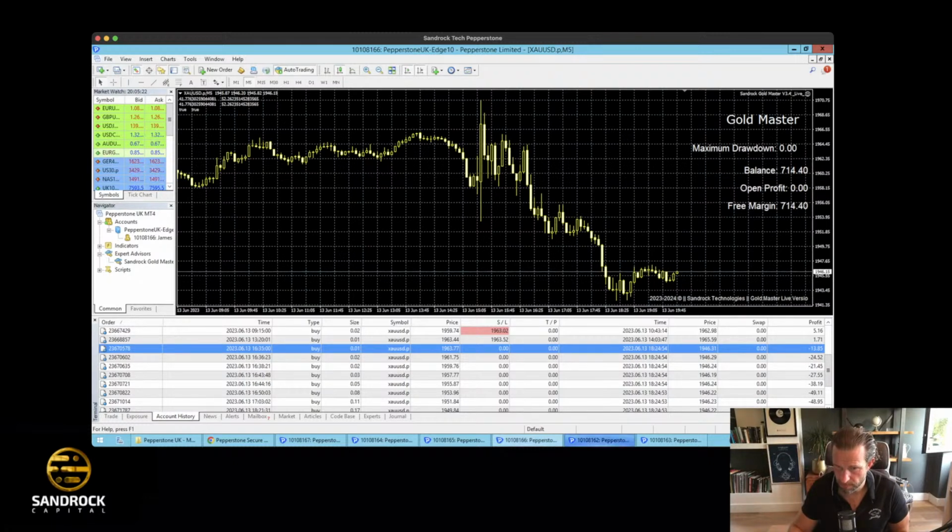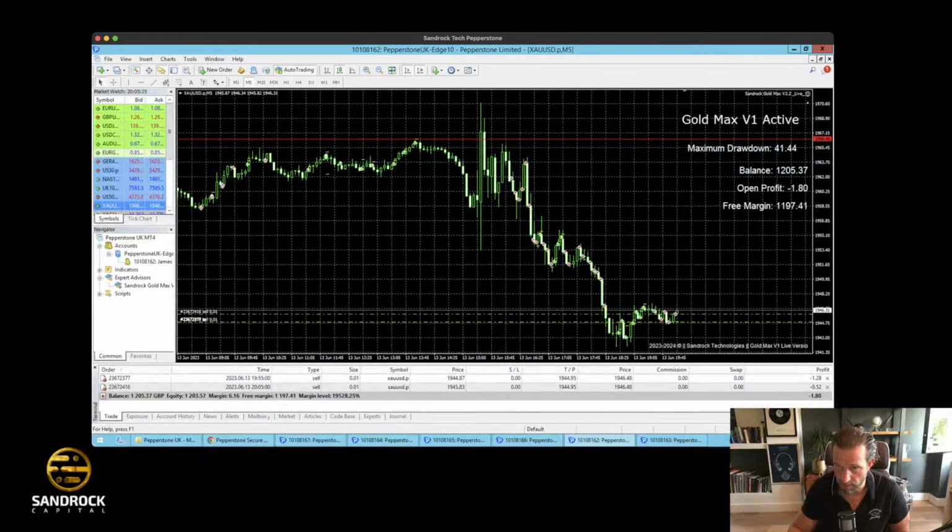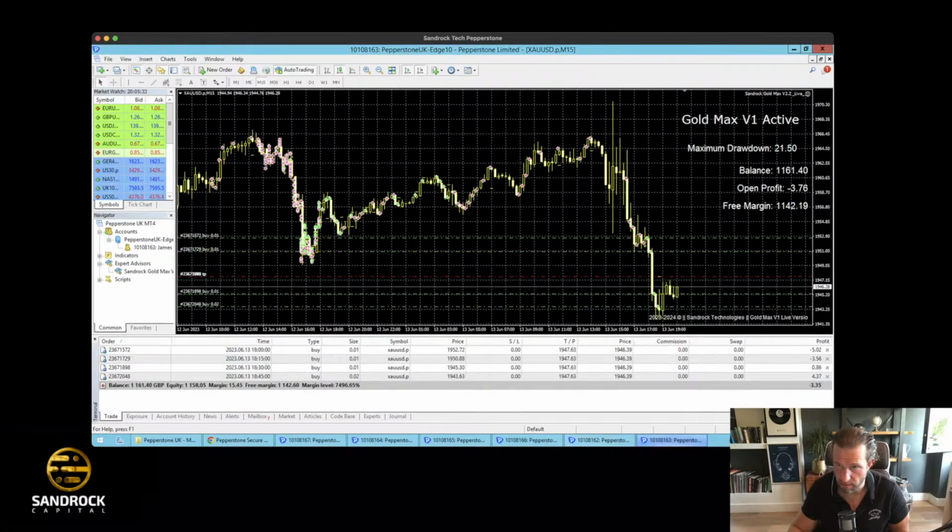However, look at this one, the Gold Max. It's done £205 in 2 days. This other Gold Max has done £161 in 2 days.